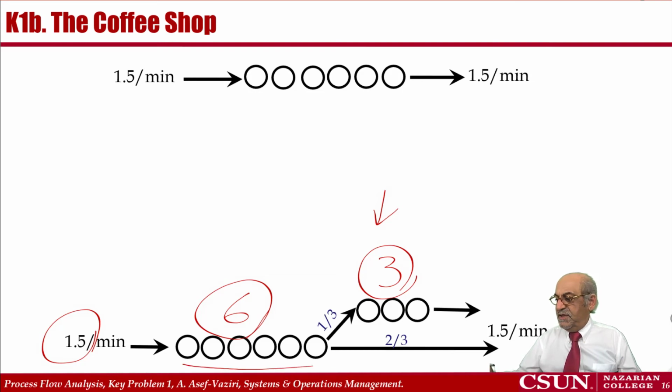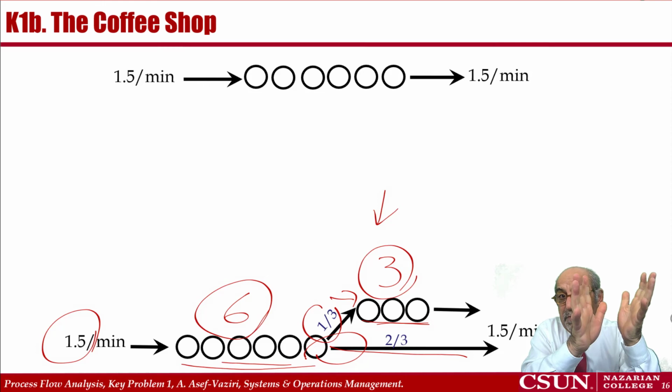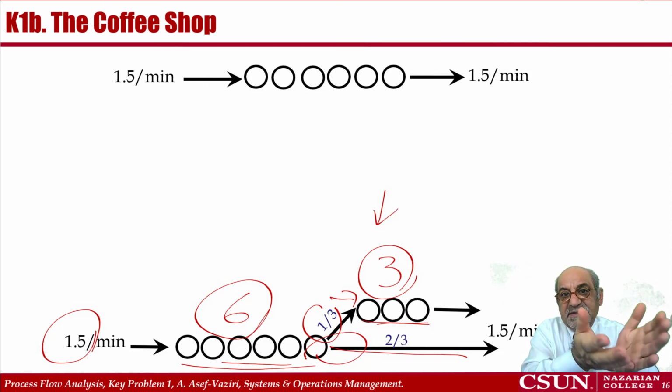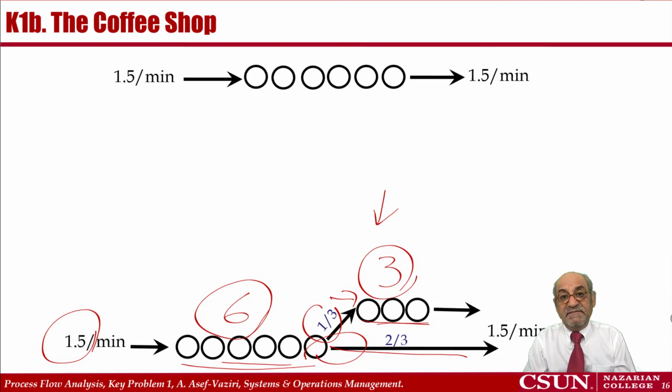This is the original line, this is the exotic line. 1/3 of customers go this way, 2/3 go this way. What is the flow time of the customers who get black coffee and leave? What is the flow time of customers who get exotic coffee and leave? And what is the flow time of a customer?